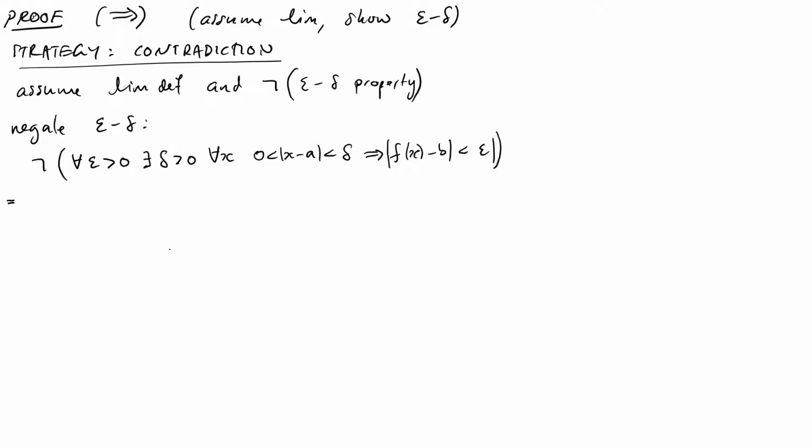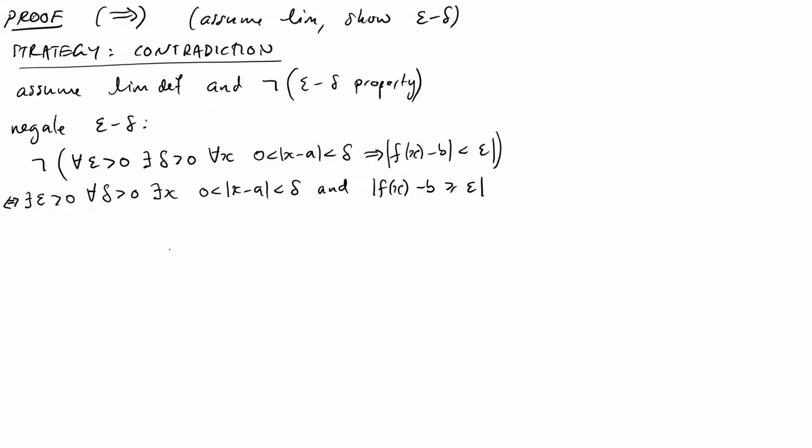So that is, we can do this step by step, there exists an epsilon greater than 0, such that for all delta greater than 0, there exists an x such that 0 is less than |x − a| is less than delta, and |f(x) − b| is greater than or equal to epsilon.